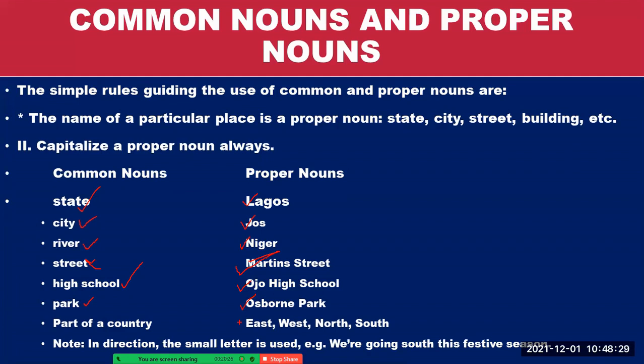But if you are simply giving direction, for example, if you say we are going south this festive season, then you are using south as a common noun, and even here as an adverb, going south. All right? So those are the rules for using common nouns and proper nouns.